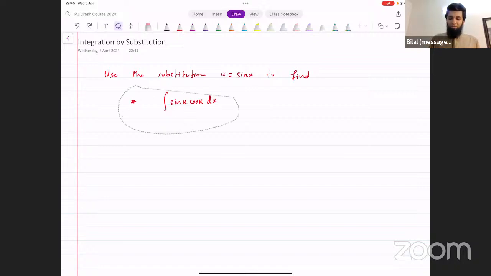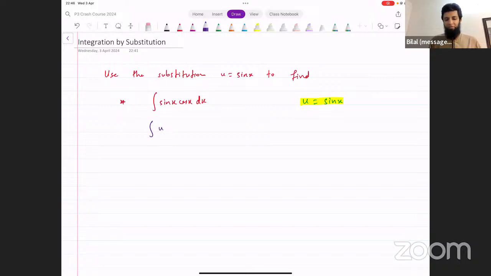Now, how is the substitution process going to work? This is the substitution that we're given, u equals sine of x. So what you're going to do is replace sine x in this integral with u. All right. Let's see what happens when we do that. If we replace sine x with u, what are we left with? We have u into cos of x dx.